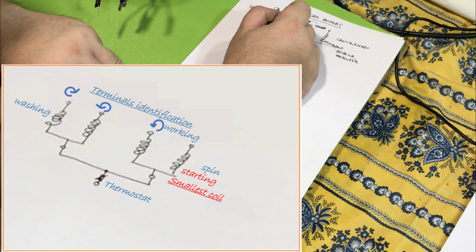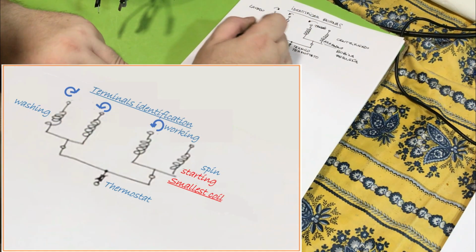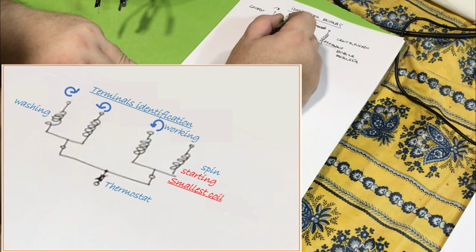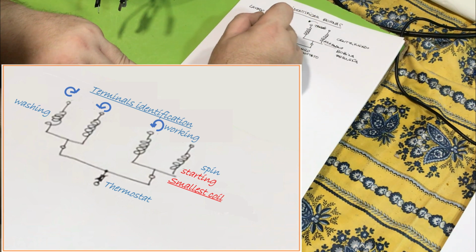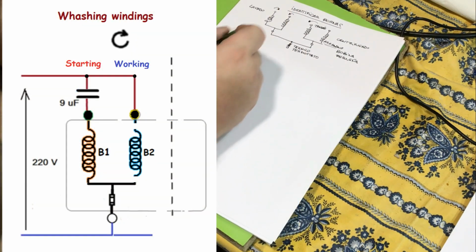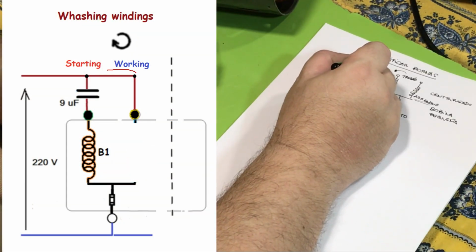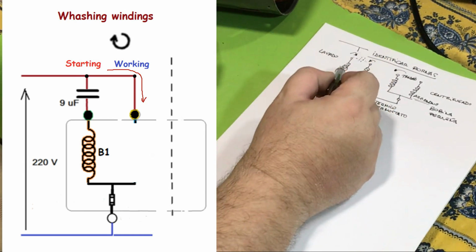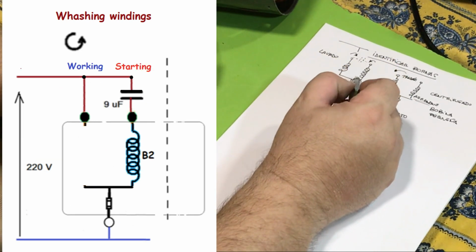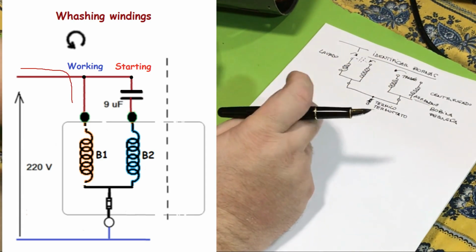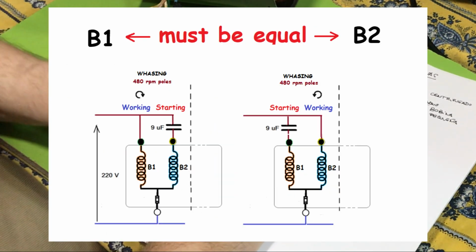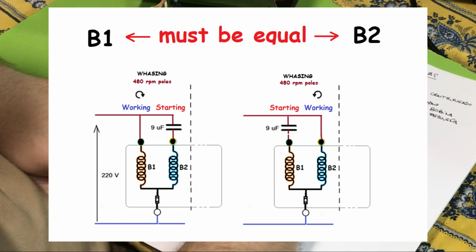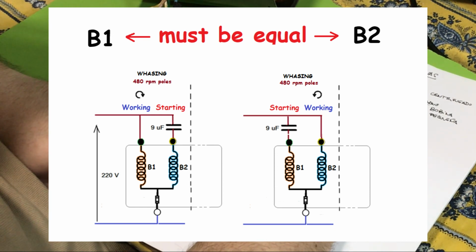On the other hand, if we look at the windings for washing functionality, we know that they are not devoted one for starting, the other for working. Depending on the position of the capacitor, one works as the main and the other as the starting. So both must be equal to do the same functionality with a different direction of rotation.